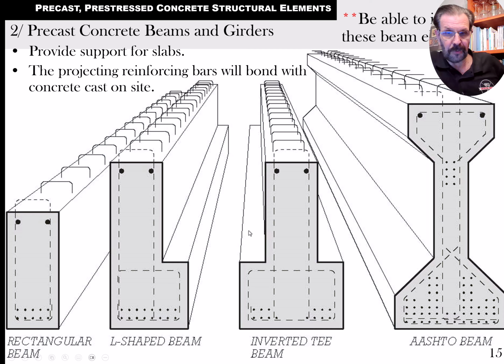The whole purpose, though, is that you could take a double T, like we had back here, and sit it on this ledge right here, and on this ledge, further apart, of course. The idea is that the top of the double T is matching with the top of this L-shaped beam.